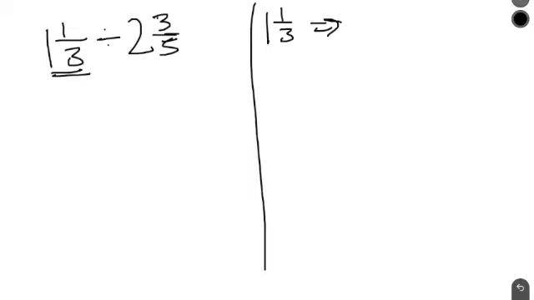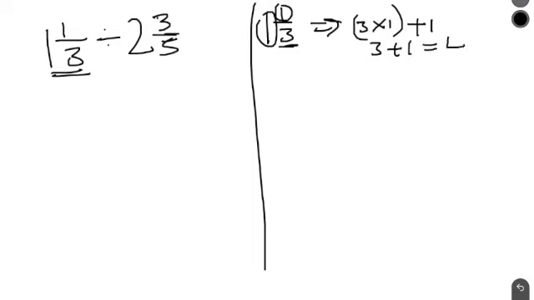So we say this 3 multiplied by this 1, and then plus whatever the numerator is. So 3 times 1 is 3, 3 plus 1 is equal to 4. So the improper fraction becomes 4 over our denominator of 3. So we have 4/3.